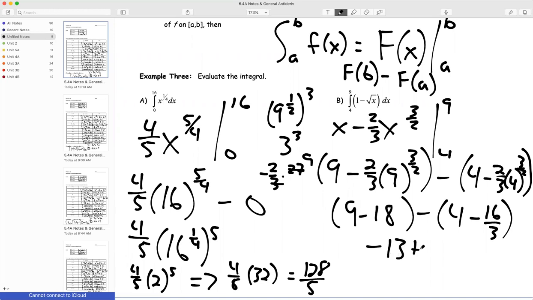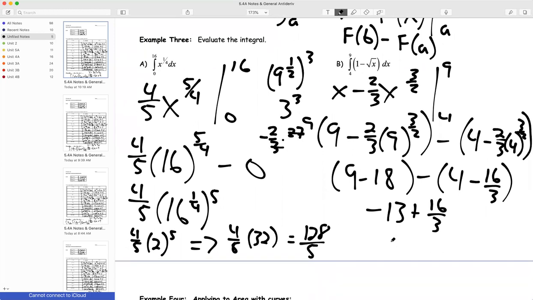This gives me positive 16 over 3. So I'm going to get a common denominator. So let's see, that's negative 39 over 3 plus 16 over 3, which gives me a final answer of negative 23 over 3.